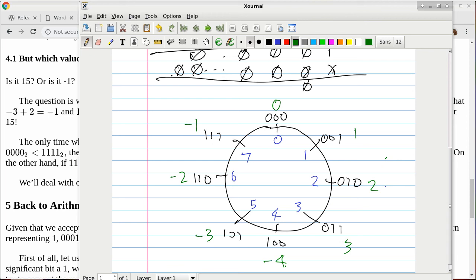Because what I do is, okay, so let me present the equation first. Okay, so I'm going to switch back to black ink here. So we notice that 7 minus negative 1 is 8. We notice that 6 minus negative 2 is also 8.